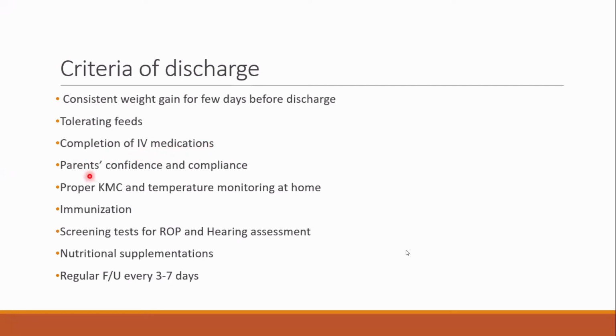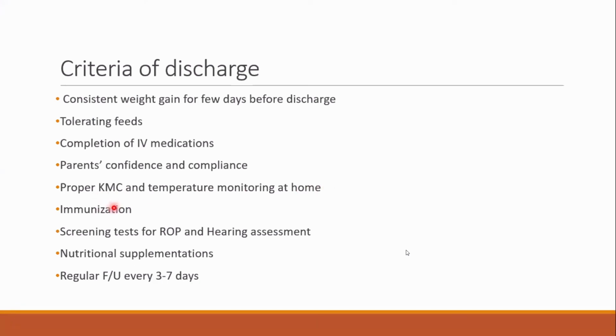And the parent should be confident and compliant enough to take care of a newborn. If the new mother is not confident enough to take care of a preterm baby, she should be counseled again and again. Only when she is confident enough that she can take care of the baby at home is the baby discharged. The mother should be able to administer proper KMC and temperature monitoring at home.